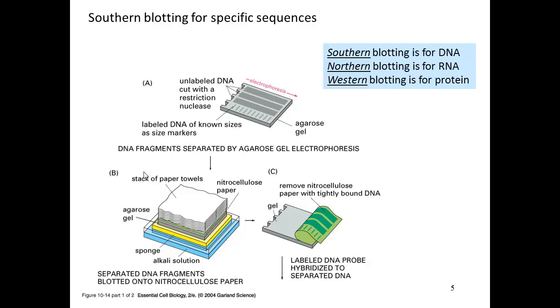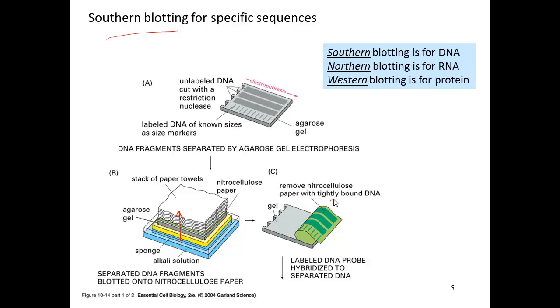Building on gel electrophoresis, we're able to identify specific pieces of DNA using the technique of Southern blots. The separated DNA, according to size, is transferred by capillary action to a plastic sheet that is next to the gel. This sheet is positively charged, nitrocellulose.